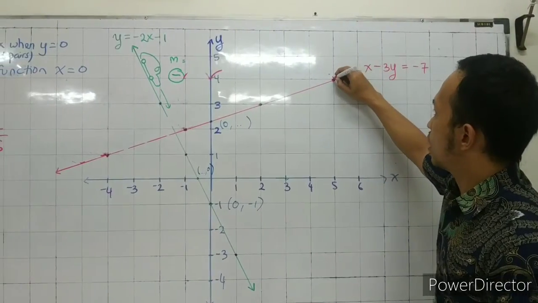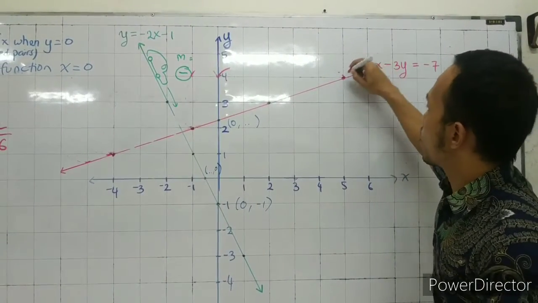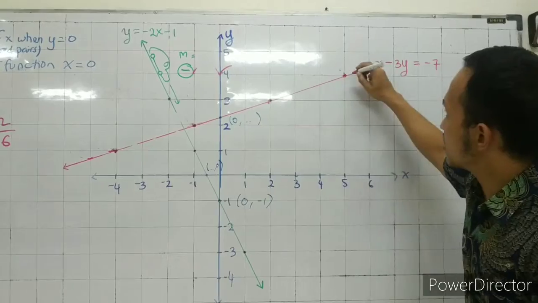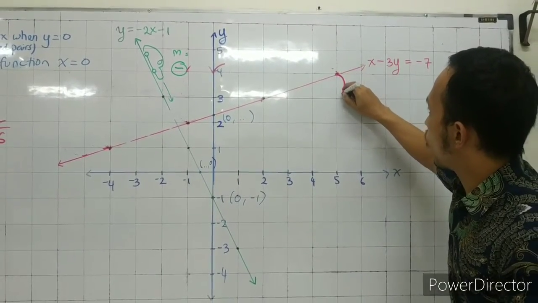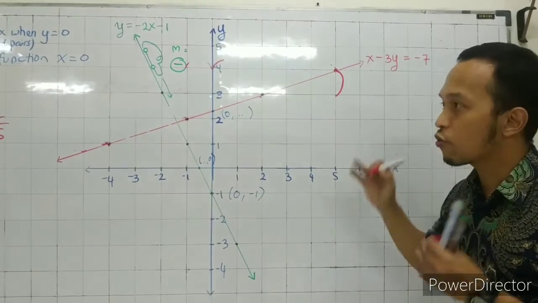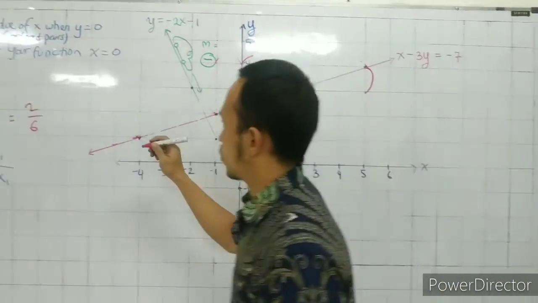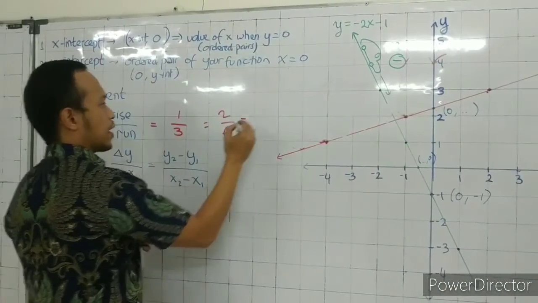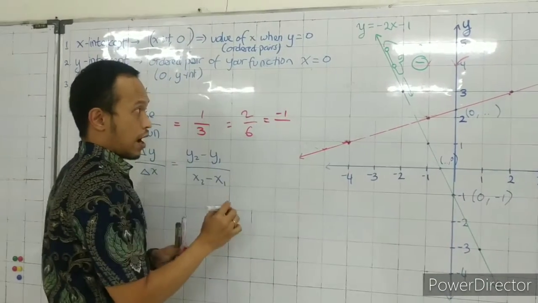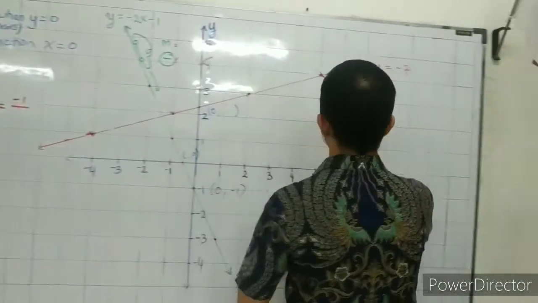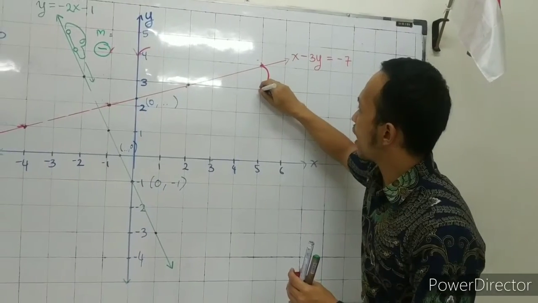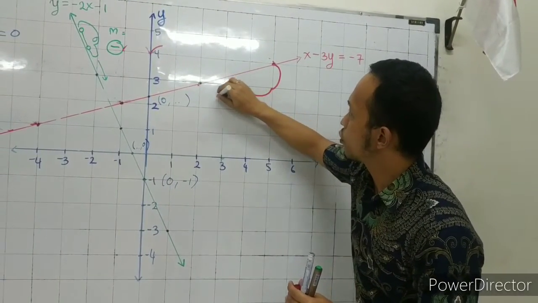So let's count. From here to here, I'm going down 1 time. So the rise will be negative because I'm going down. I will put it into the formula, -1. And how about the run? From here to here, I'm going left. 1, 2, 3.